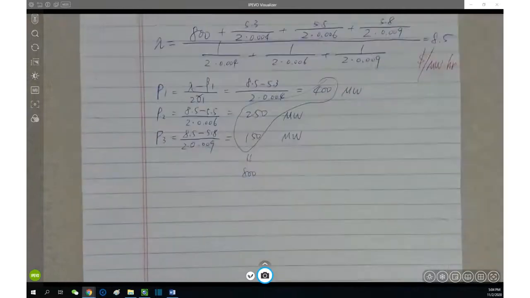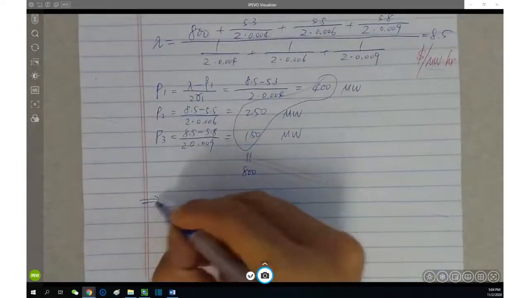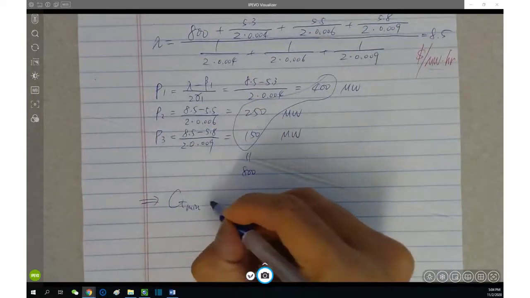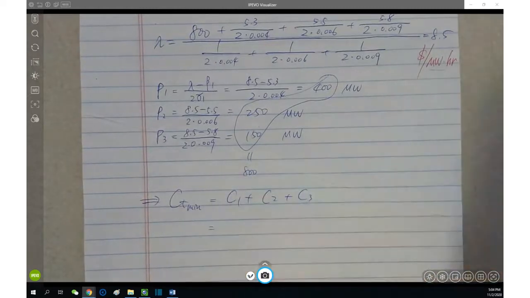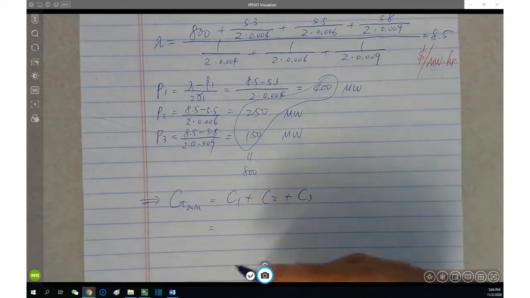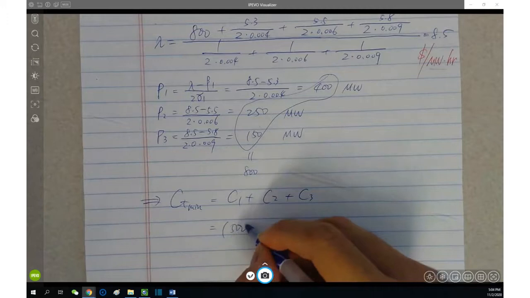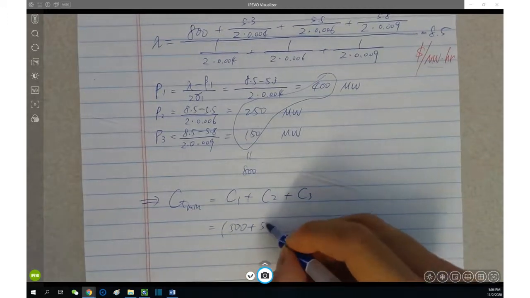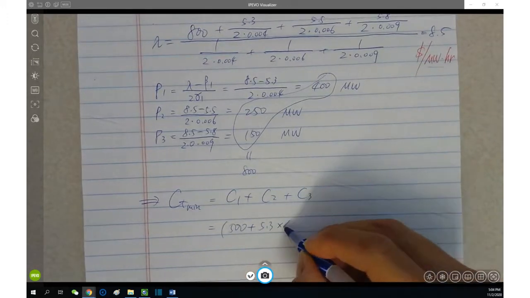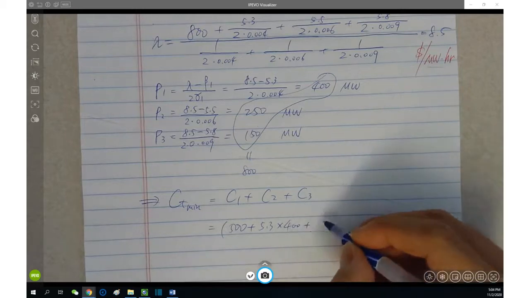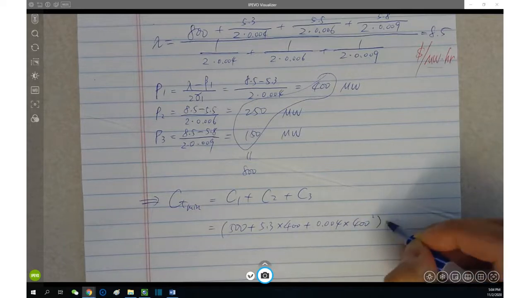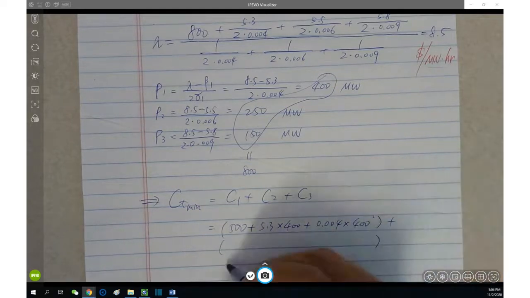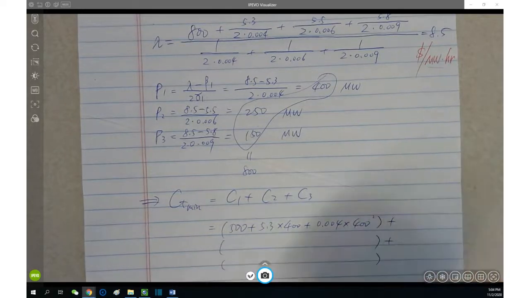Right, if this makes sense, then at last the C_T minimum just equals C1 plus C2 plus C3. Now it's just a matter of plugging in the numbers, right? 500 plus 5.3 times 400, and so on.